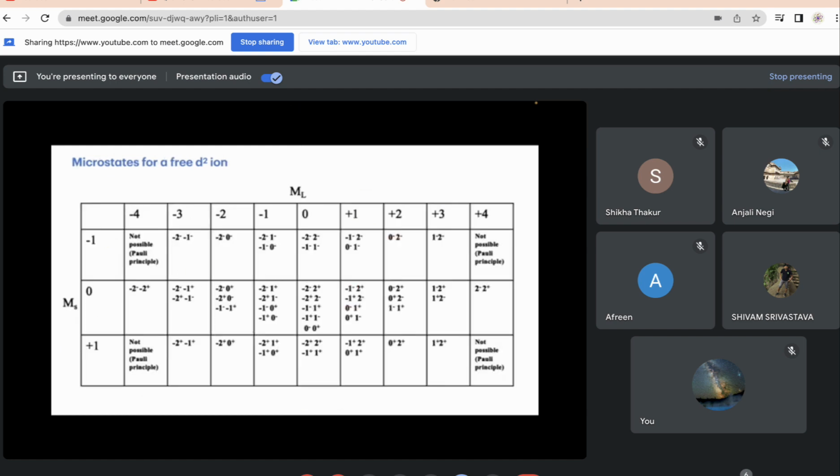Now the possible microstates and the overall number of microstates for a free ion with d2 electronic configuration.